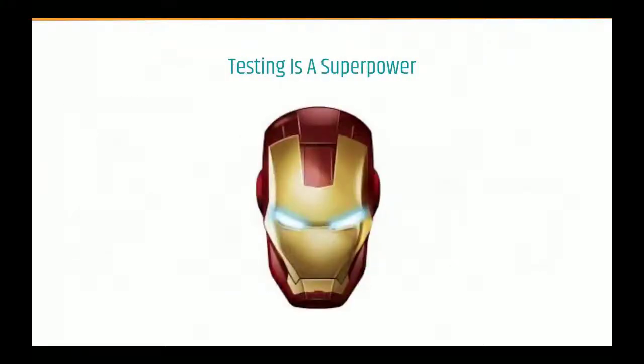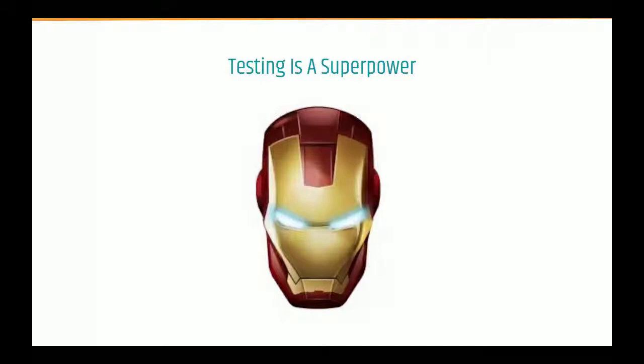And that actually brings us to sort of a theme for this presentation, which is that testing is a superpower. And I put this picture of Iron Man here. I specifically chose Iron Man because Tony Stark, also known as Robert Downey Jr., is not actually someone who has some innate superhuman ability like Spider-Man or Wolverine or something like that.